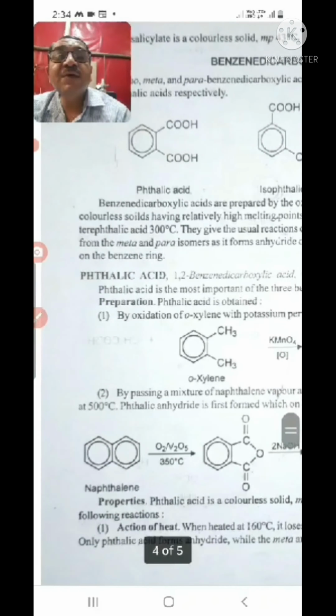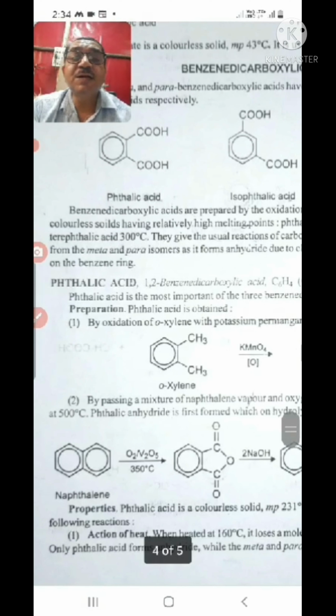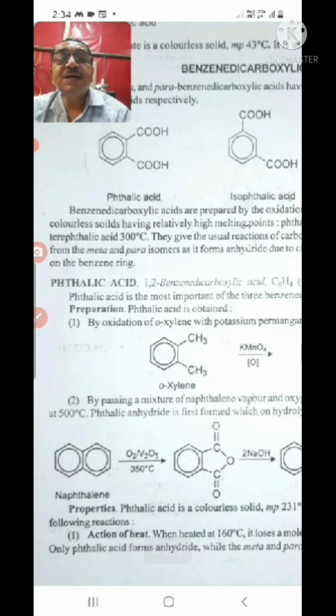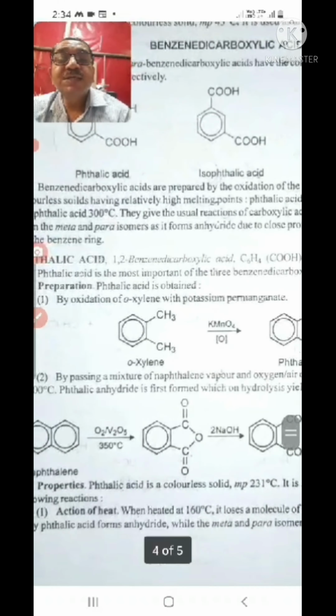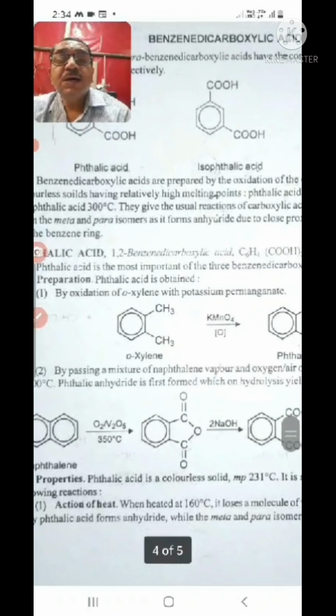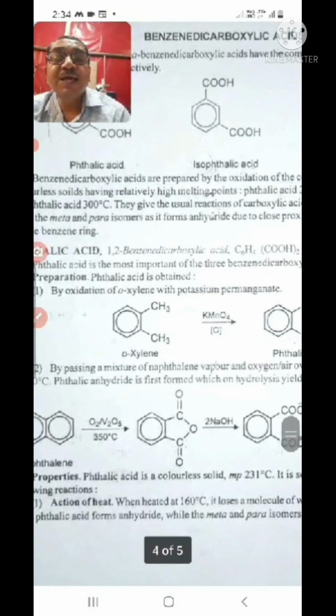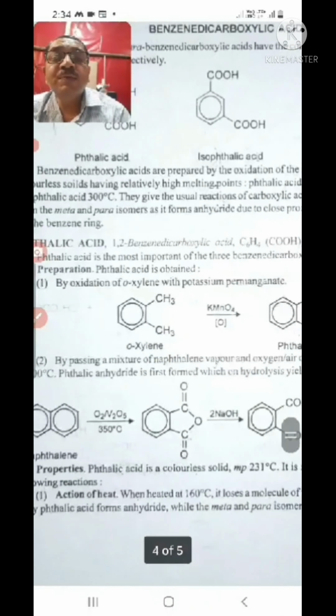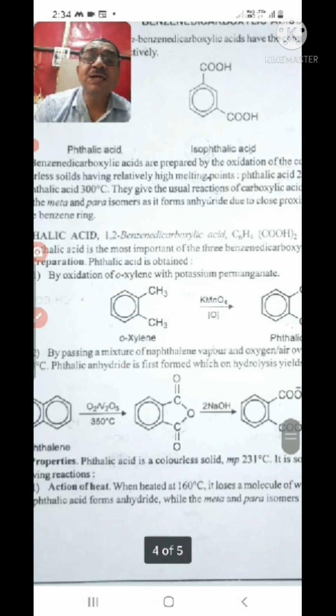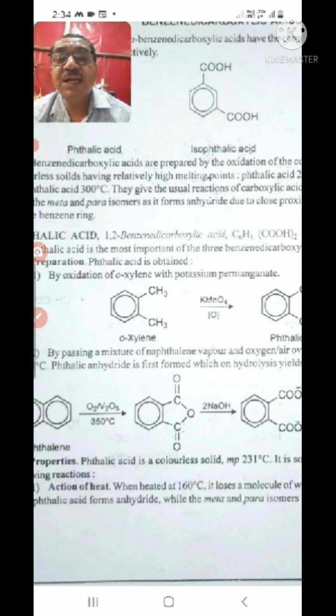Now we are dealing with the first one, that is phthalic acid part. Phthalic acid, we are having two methods of preparations. One is from orthoxylene and another by using naphthalene part. Now when we consider the preparation part of phthalic acid, we have to remember two carboxylic acids attached to the benzene ring.